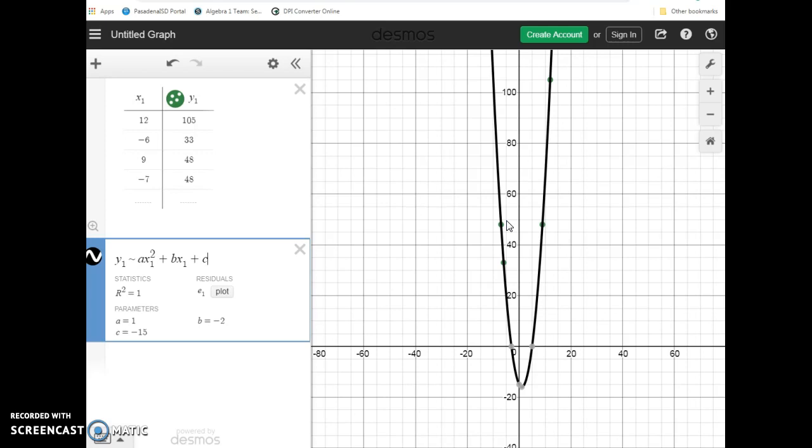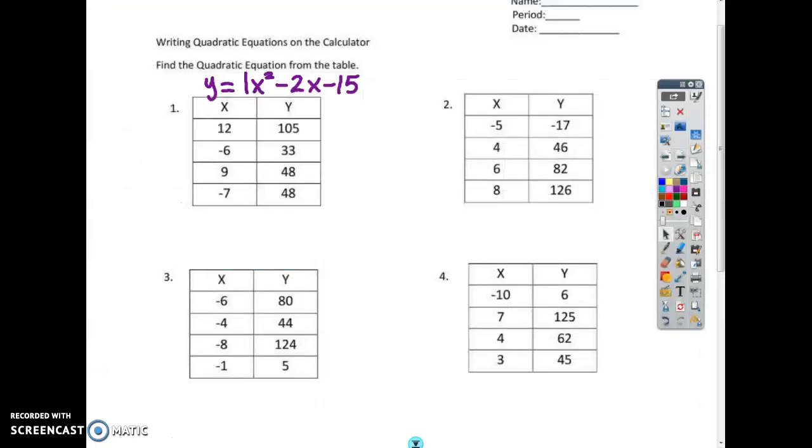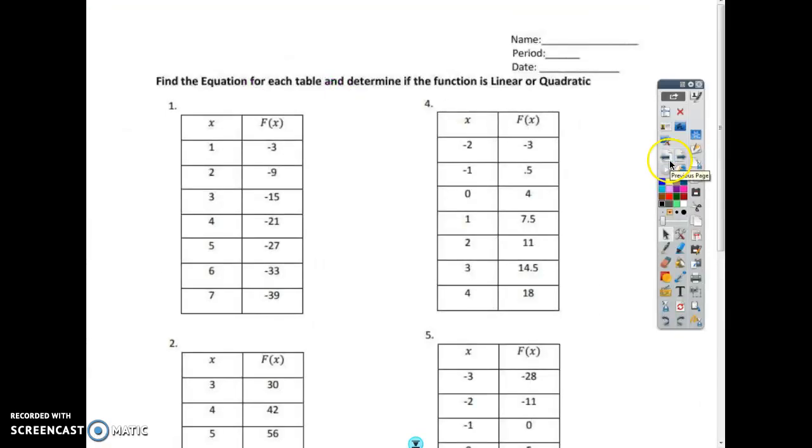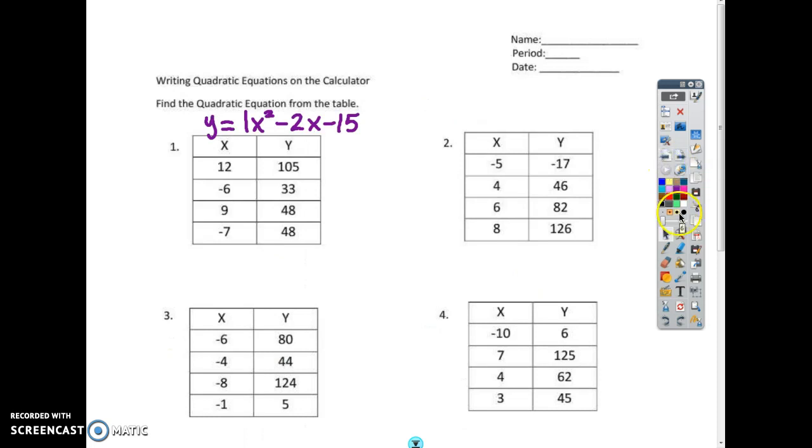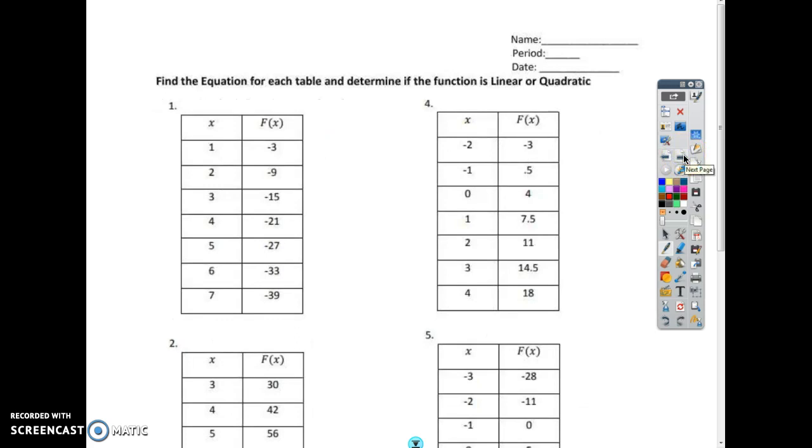You probably typed it wrong or something like that. Okay? That's how you're going to do the front page. The back page, okay, let me go back. The front page asks you specifically to find the quadratic equation. It already told you these are going to be quadratic. On the back page, it doesn't say that.